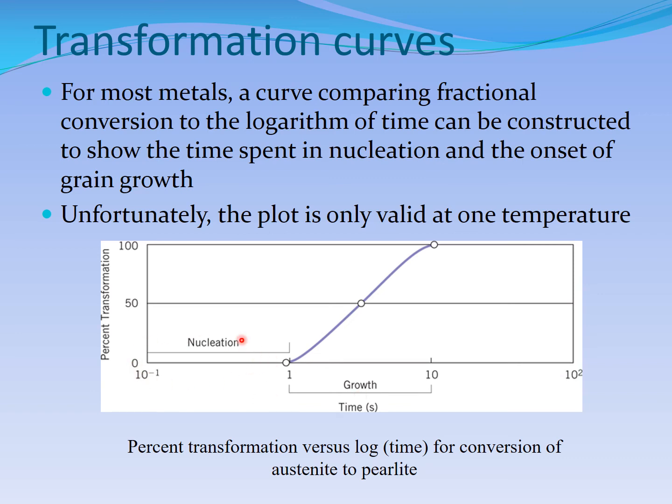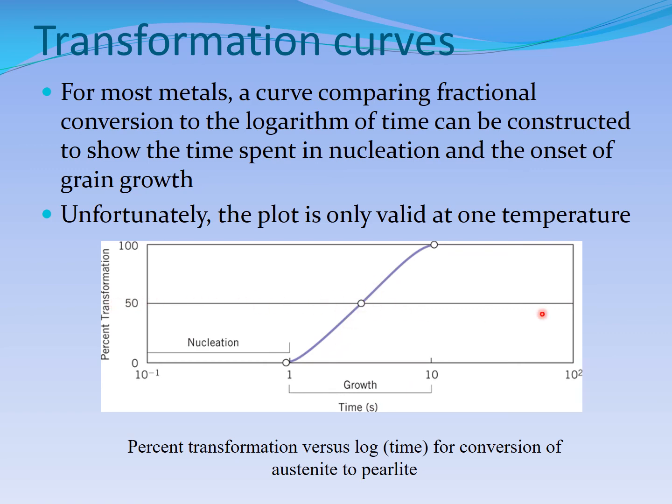So here, very small time, from 0.1 to 1 second, the nucleation takes place, right? Some new nuclei, for example, from austenite to ferrite. So some new nuclei of ferrite have formed. Now as you grow in time, 2 seconds, 3 seconds, 4 seconds, up to 10 seconds, and then 20 seconds, 30 seconds, 40 seconds, 50 seconds, 100 seconds, now the growth of these nuclei, how does it happen?